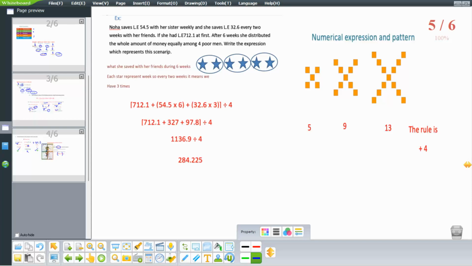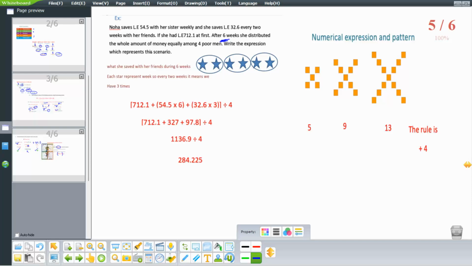Okay. First, she had 712.1. Then she saved 54.5 weekly with her sister. He told me that after 6 weeks, so she saved 54.5 weekly during the 6 weeks.